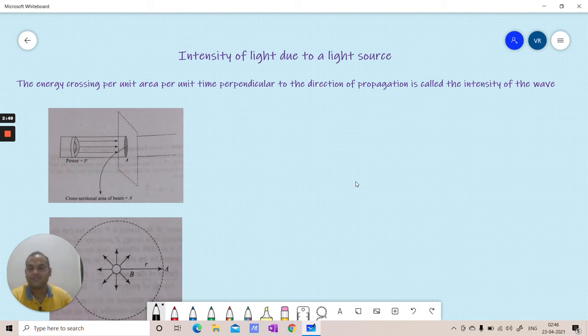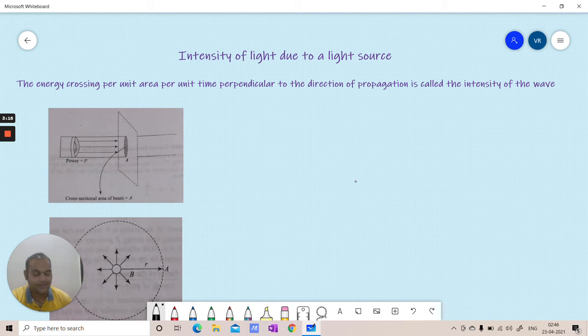See this diagram here. This is the power source with power P. So this is giving light energy. Now it is going straight, right? This source is not a point source. This is a source which is diverting light just like a torch. It falls on this surface area which is called A. So on this surface area this light is coming and falling.